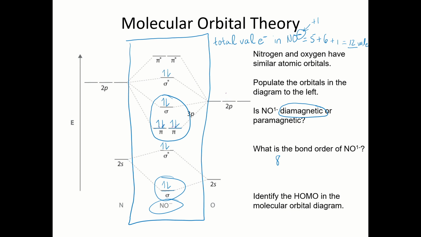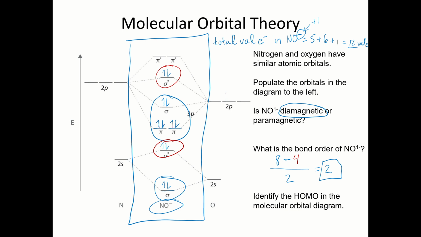Remember, there are 2 electrons for each orbital. Then subtract out the anti-bonding electrons. Here I'll change the color. We've got 2, 4 anti-bonding electrons, so minus 4, and then divided by 2. So 4 divided by 2 will give us a bond order of 2.